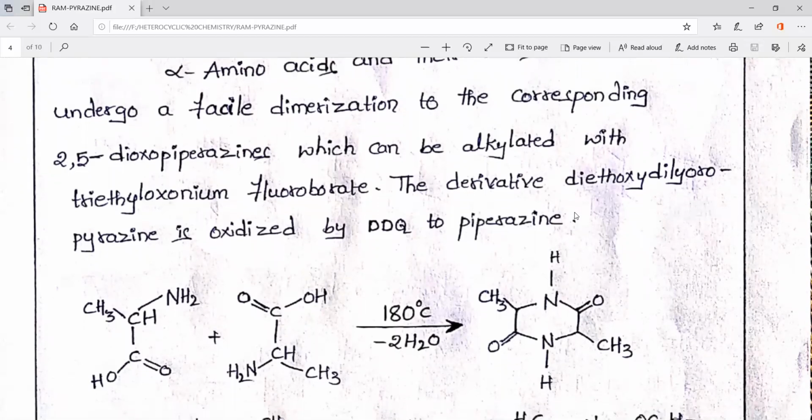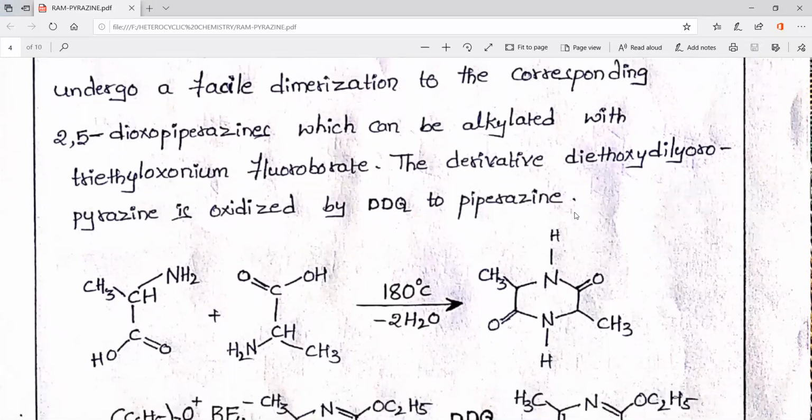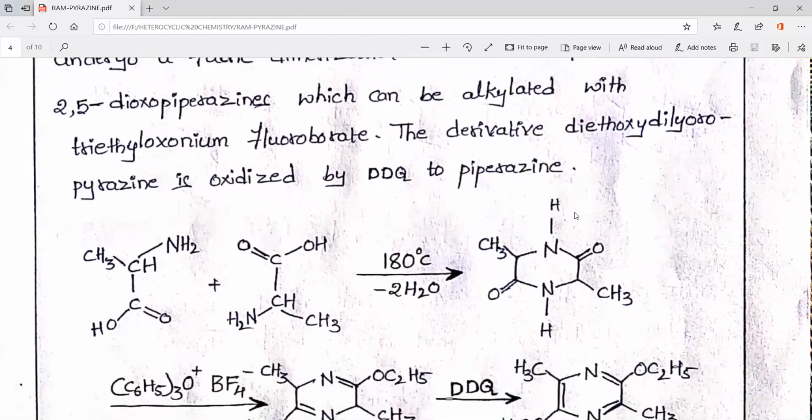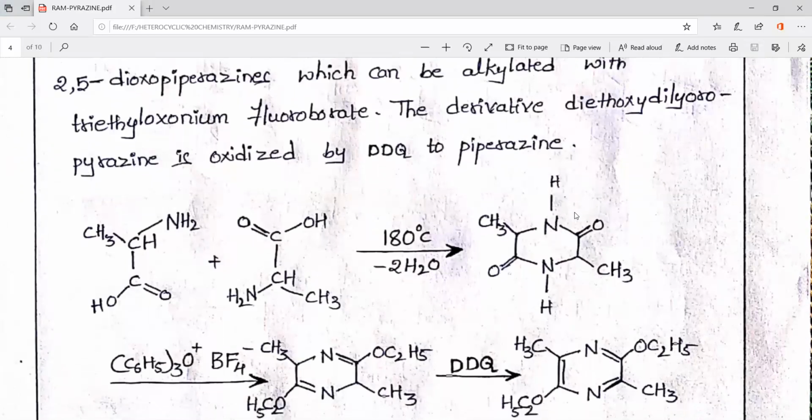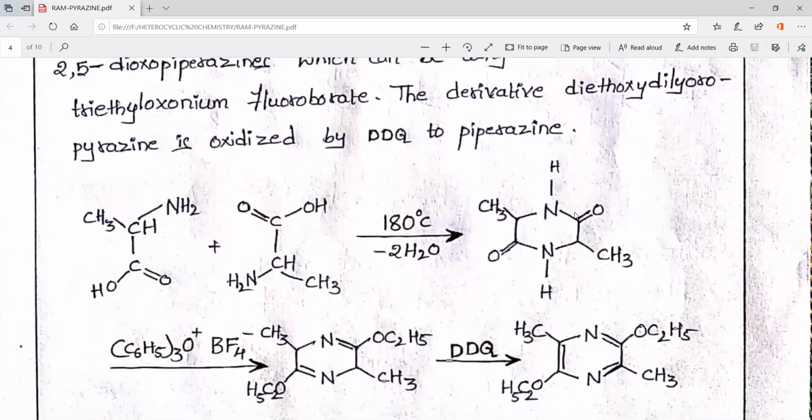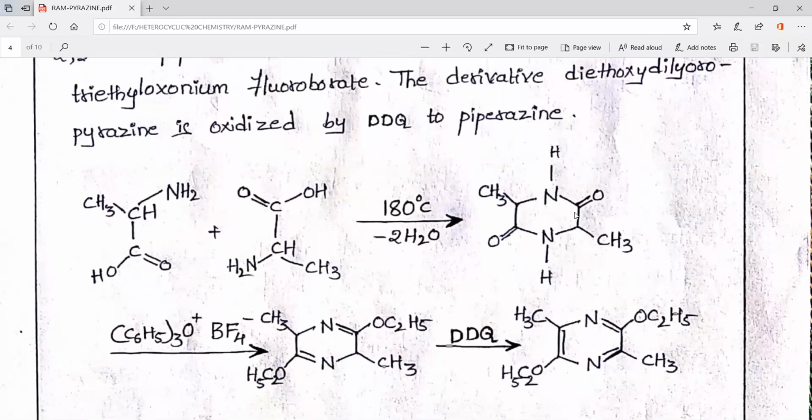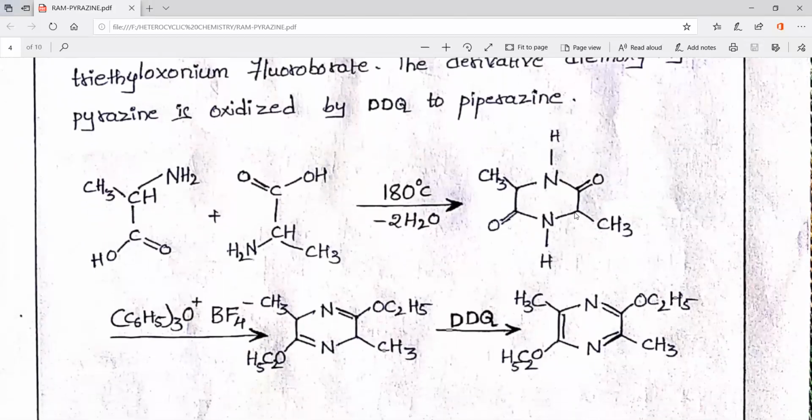The resulting diethoxy derivative is converted into pyrazine by oxidation with DDQ.